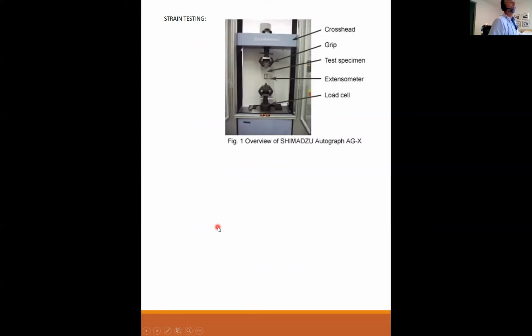Okay, so how do we do this in real life? How do we measure strain? Well, we take a test specimen, put it between the jaws, and grip it, and we have a load cell down here, and we have this extensometer. I knew I wasn't going to be able to say that. Extensometer, how about that?